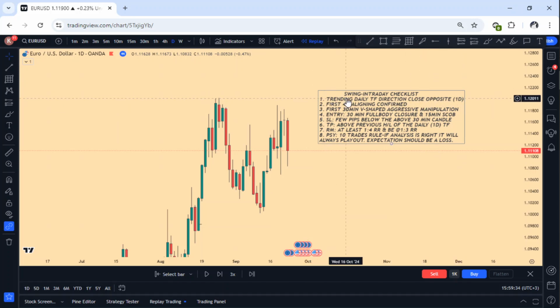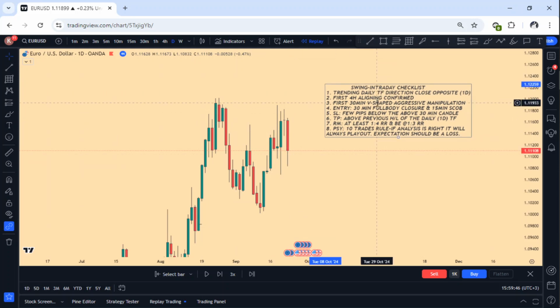That is what I mean: trending daily time frame direction, close in the opposite direction. As you can see, this has been a buying market, so there was a close in the opposite direction here. That means that the following day we are really going to have a very heavy continuation to cover these highs. So that is criteria number 1.